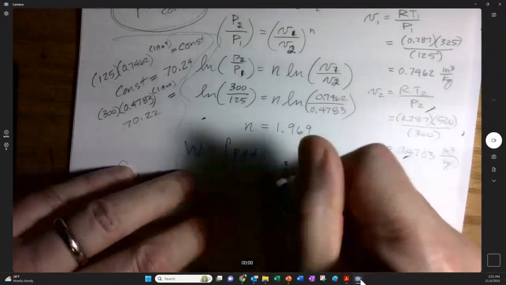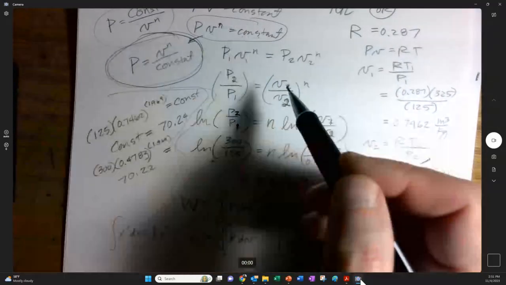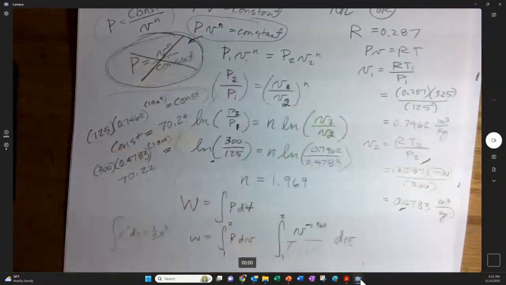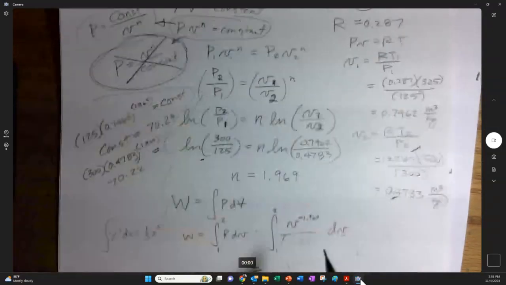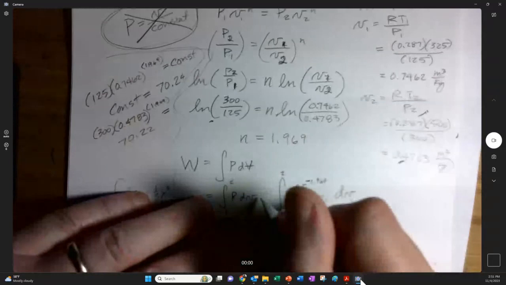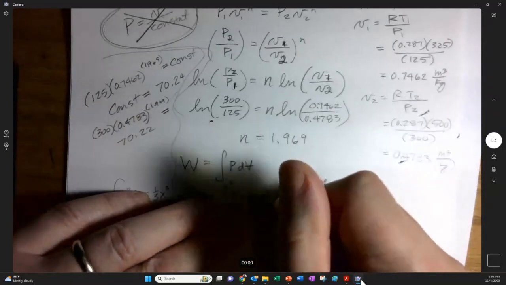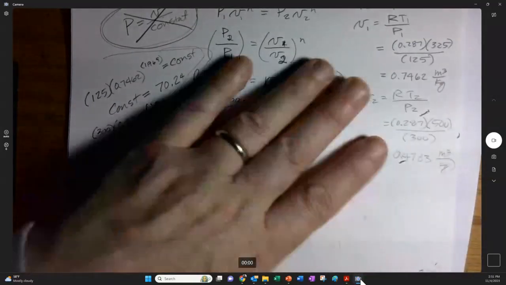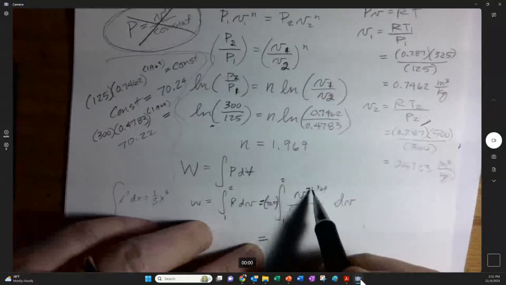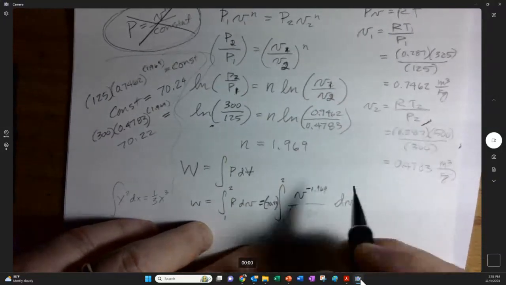So let's see. I put that in there. That's wrong. This is correct. So I'm going to squeeze it in there, 70.22. And then now we're going to add 1 to this and then divide by it.